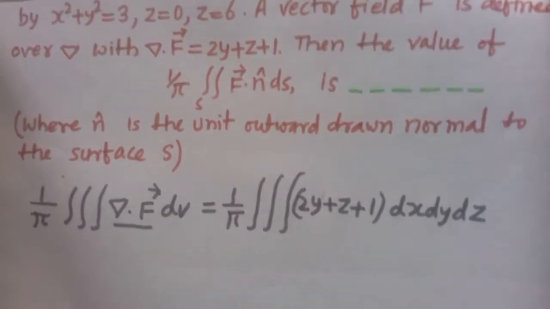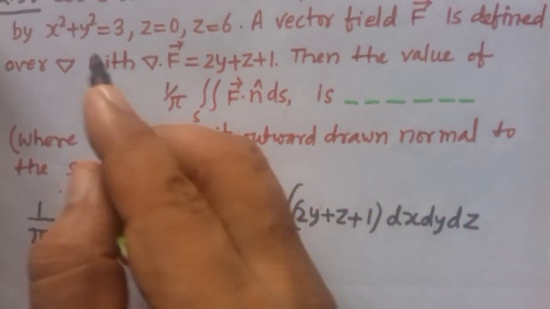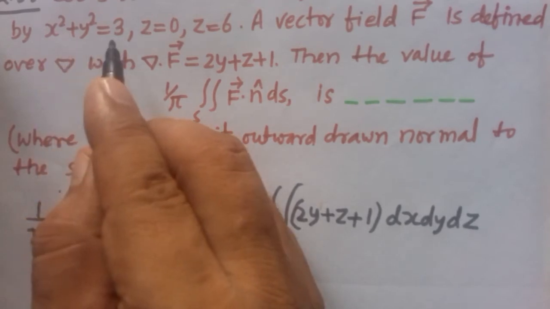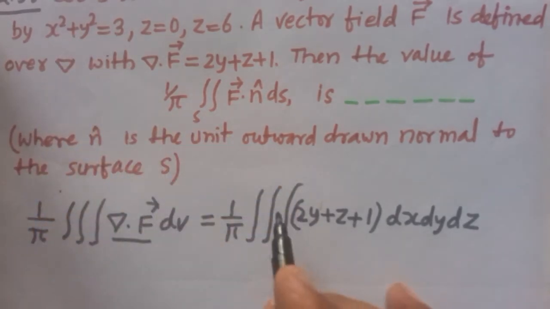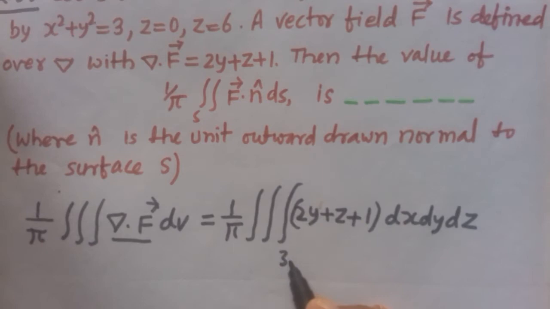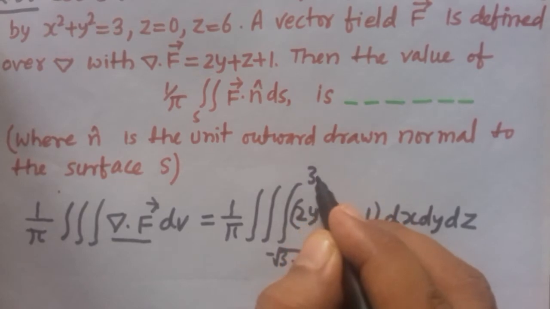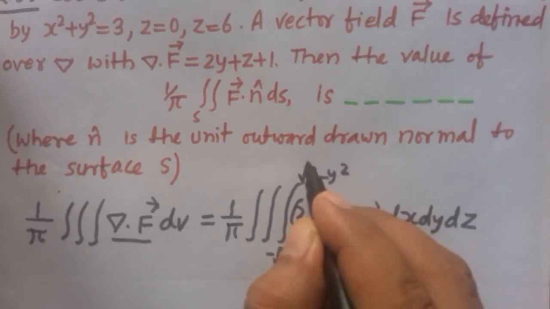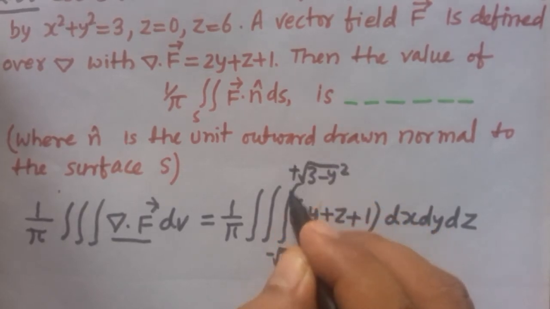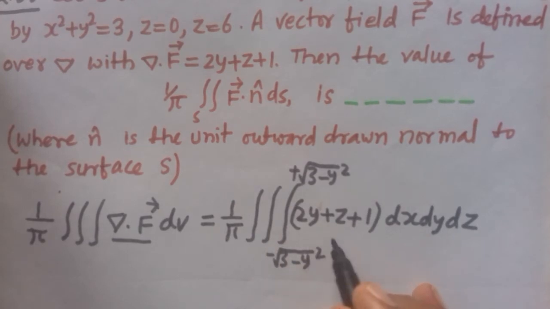If you see this thing from here, we can find x will be minus root of 3 minus y square, and the same thing, root of 3 minus y square, but with plus. Now we have done for x.